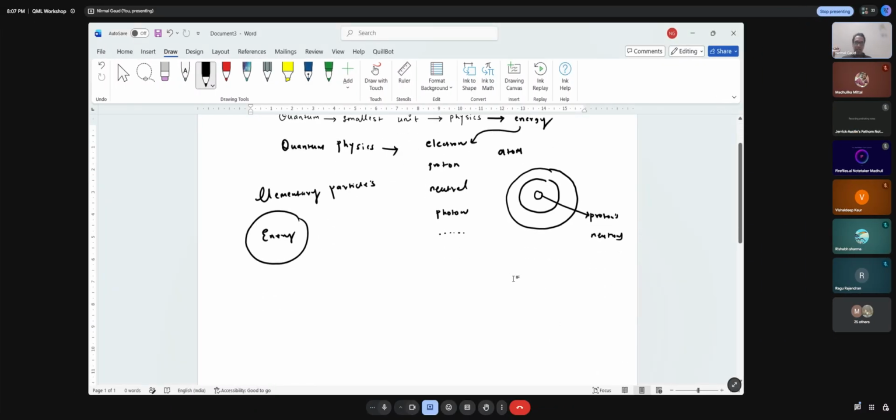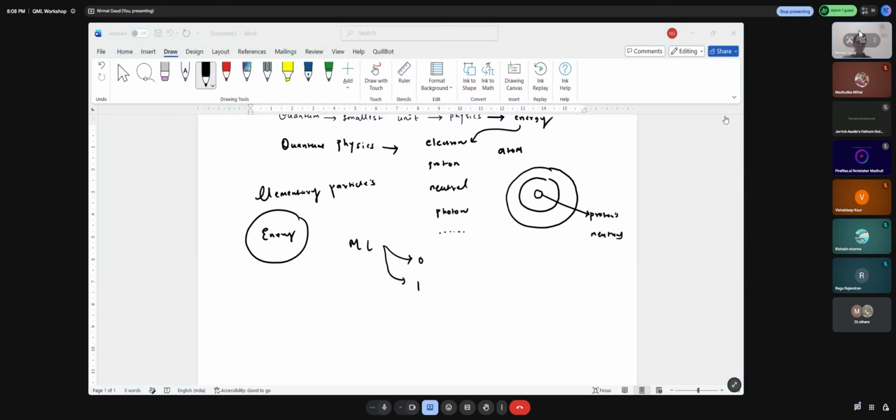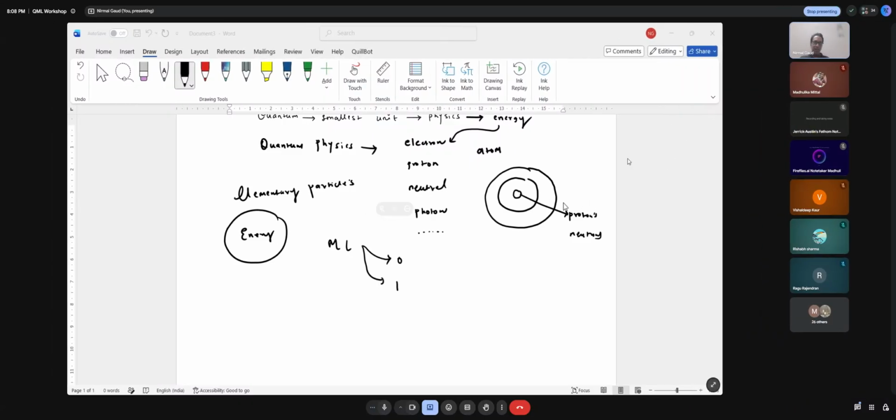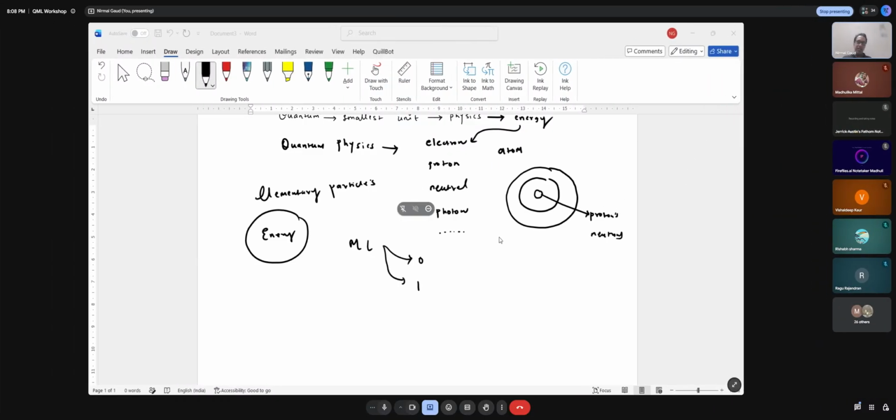And in our machine learning, we have states as 0 or 1, either 0 or 1, but not together. If any particle or object is present, it can be represented by 0 or 1, depending upon the state in machine learning.